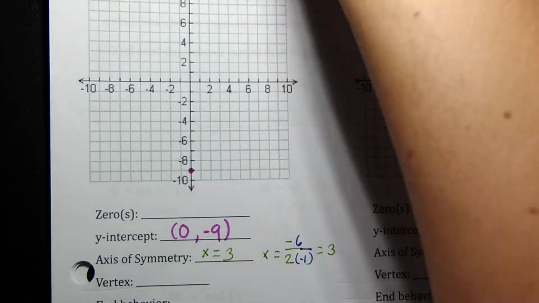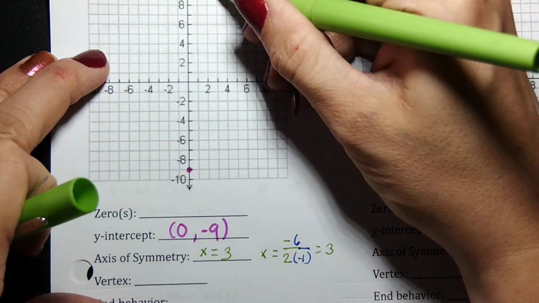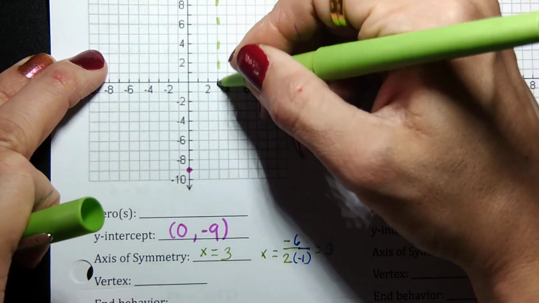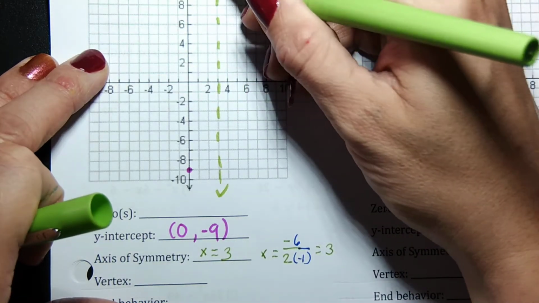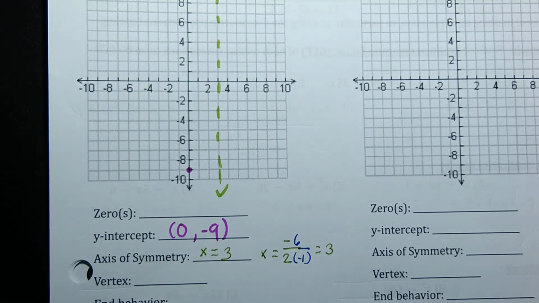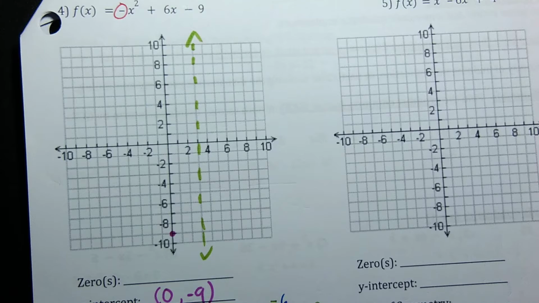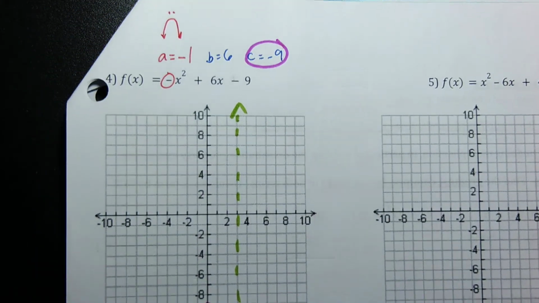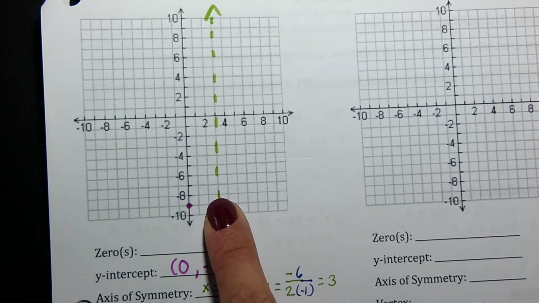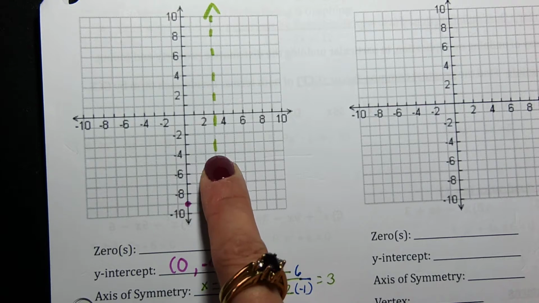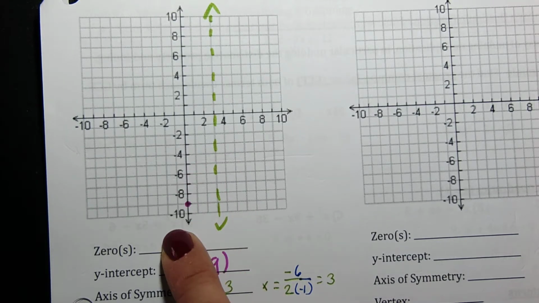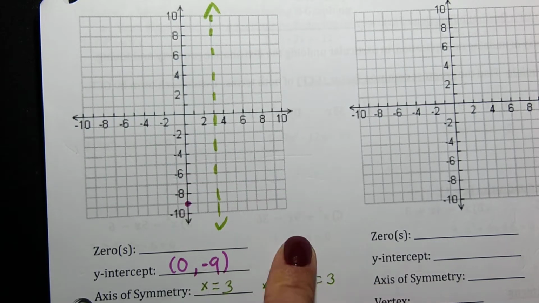Let's go ahead and draw in that vertical line going through 3. So in order for this to be a sad graph, my vertex needs to be somewhere above this point so that I can curve down and be sad, curve down and be sad.